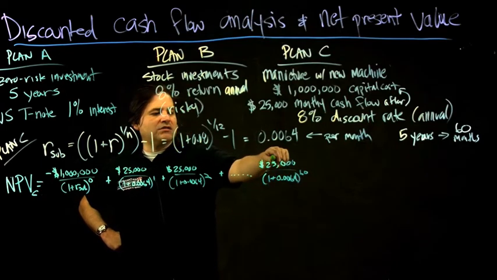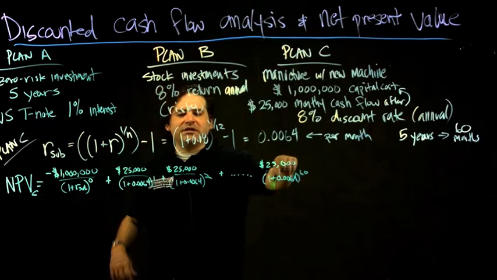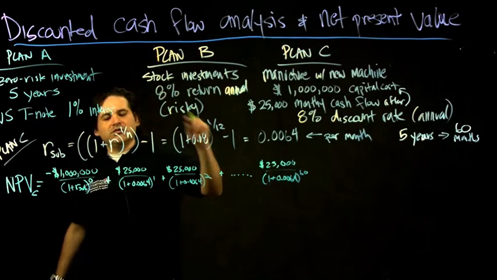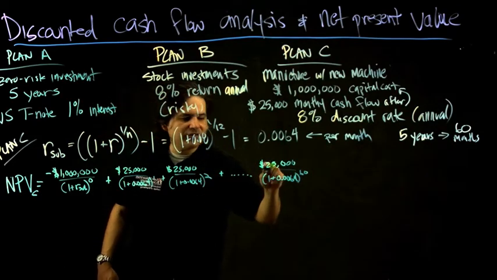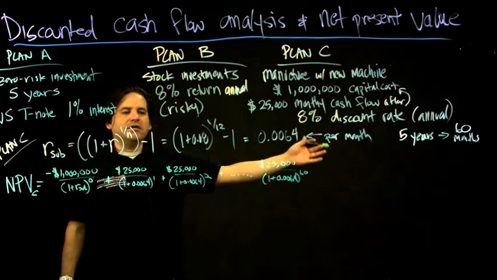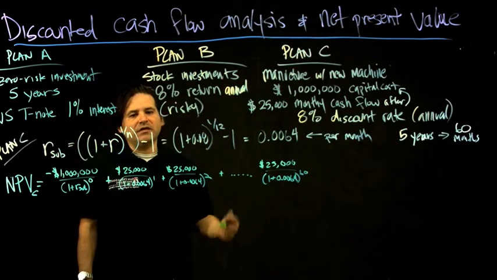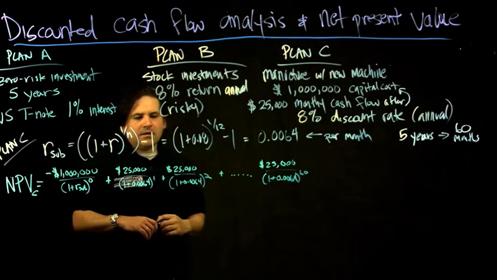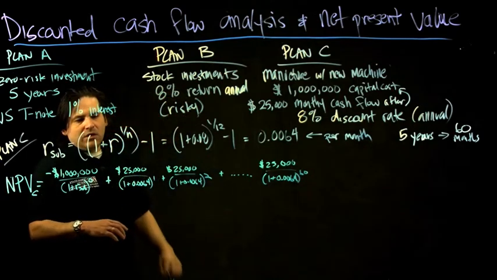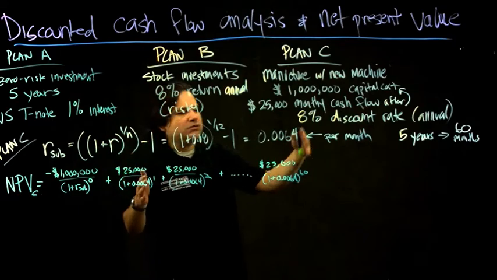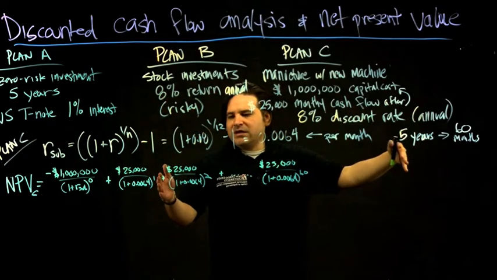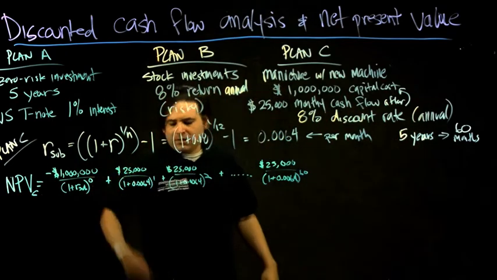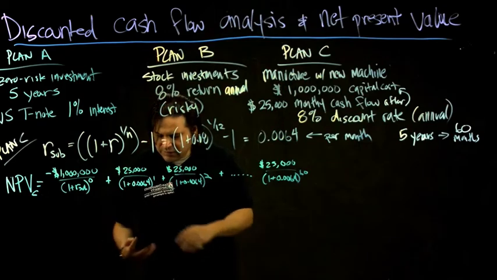Dividing $25,000 by some number greater than 1 is going to give you a smaller amount. So the present value of $25,000 somewhere in the future is less than $25,000. So the question is, when you add up all of these cash flows over the compounding periods, is it bigger than the $1 million you put in at the beginning?